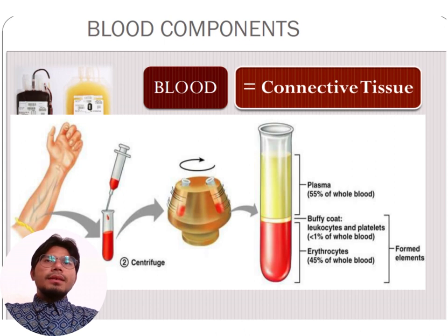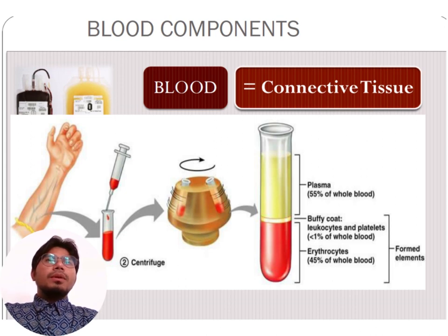This slide shows that when human blood is spun or centrifuged, the blood will be separated into three different layers. The most dense one is erythrocyte, followed by white blood cell, which we call the buffy coat, and the top one is plasma.